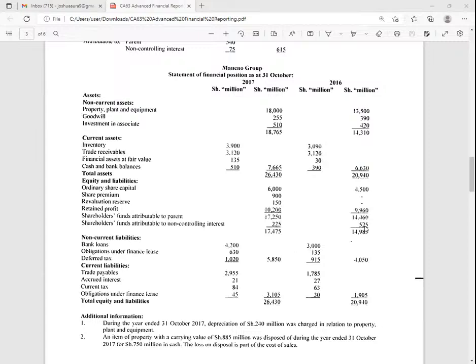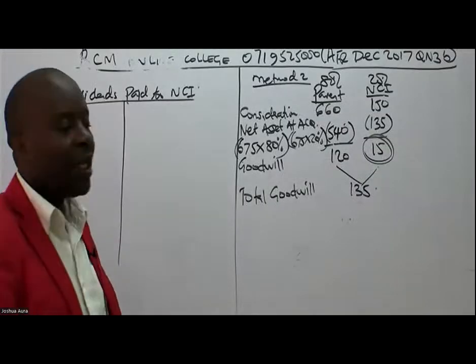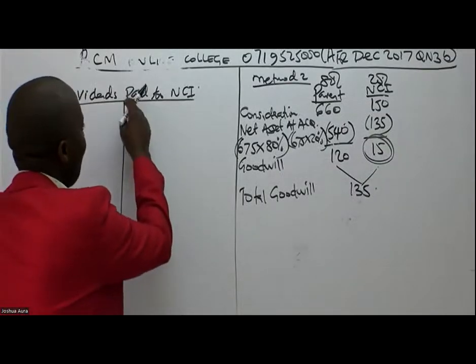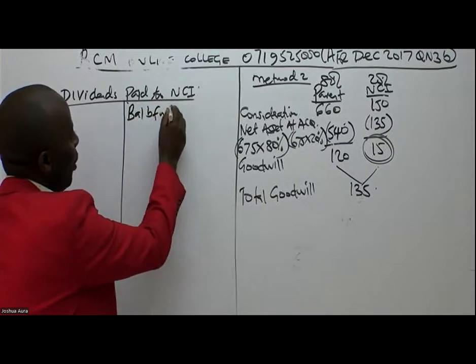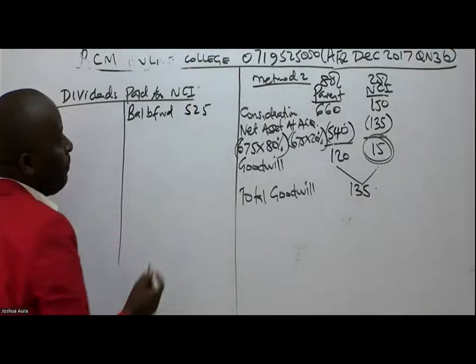NCI's fund was worth 525. So if I'm to capture this in form of a T account, remember this is a liability account, it's an equity account, we owe these people. So balance brought forward will be 525, right?